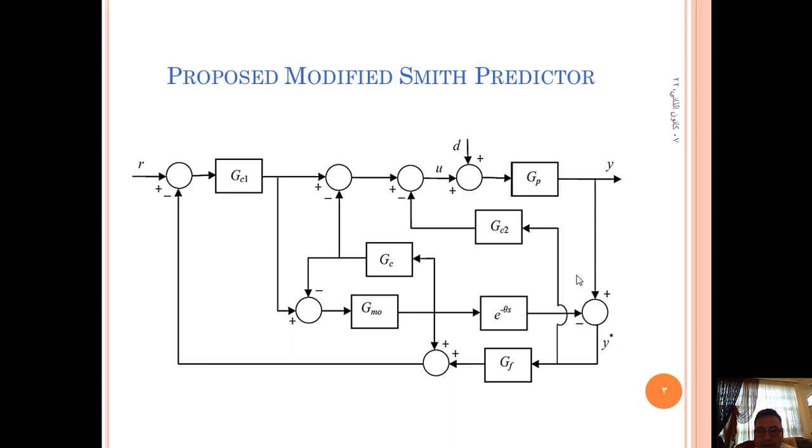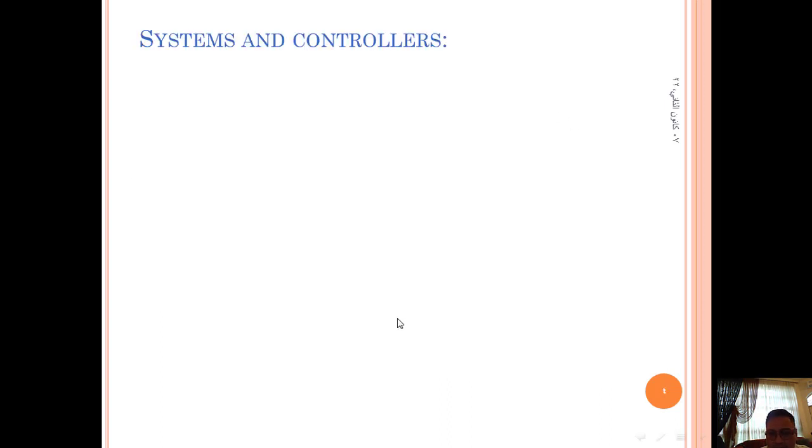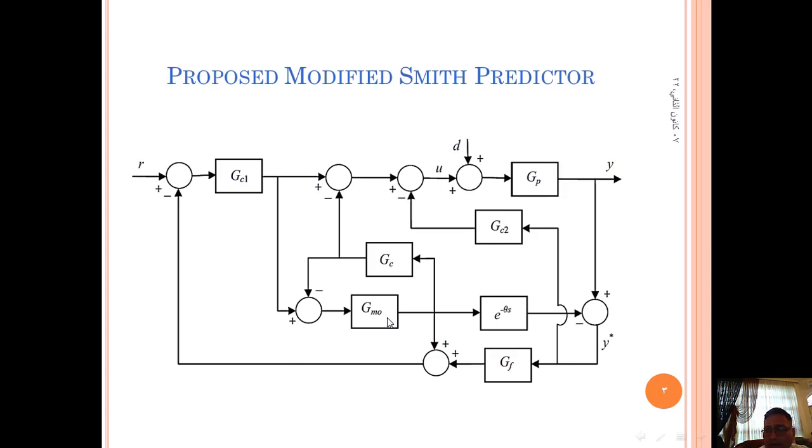So, this proposed modified Smith predictor is shown in this figure, where GM naught is the delay-free part of the process model, where GM equals GM naught times e to the power minus theta s.